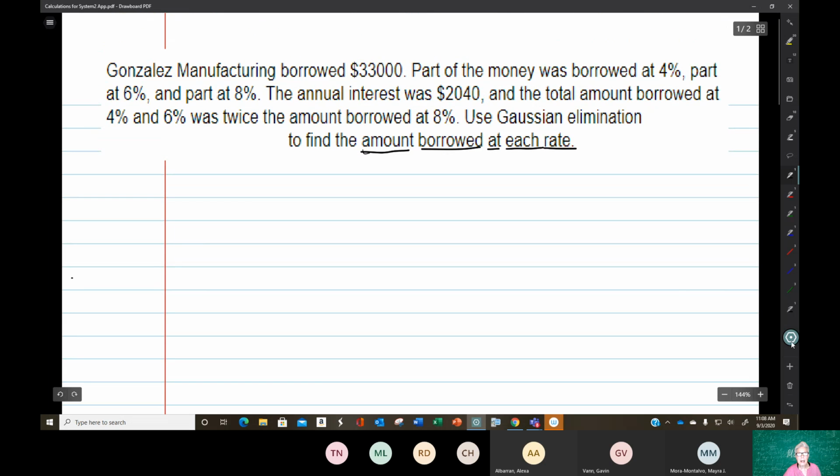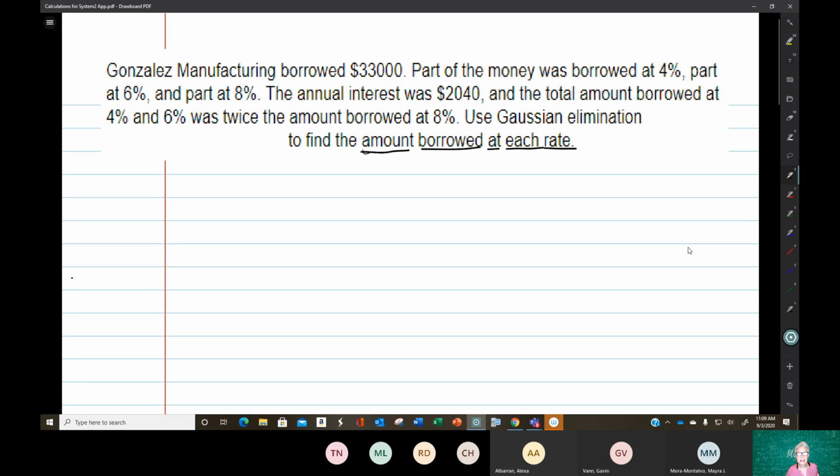Now this has nothing to do with movement in three-dimensional space, which is my favorite example. I'm not going to go over it again. This has to do with money, and that's pretty important too.